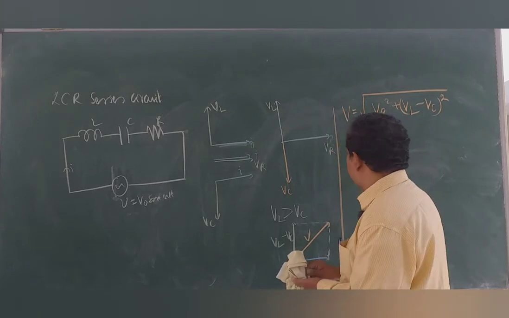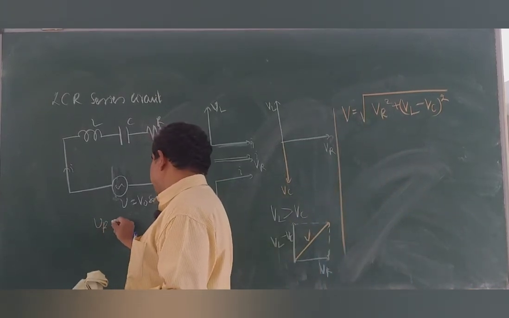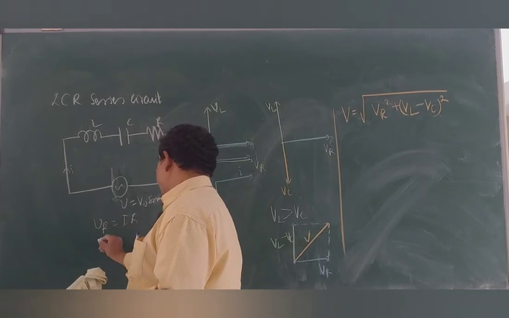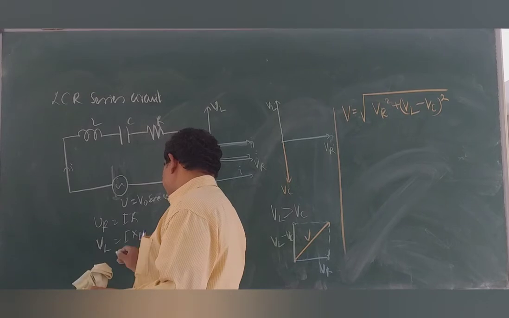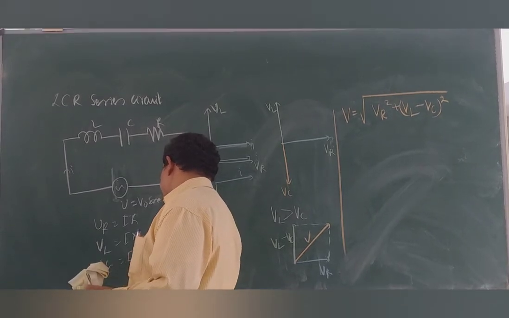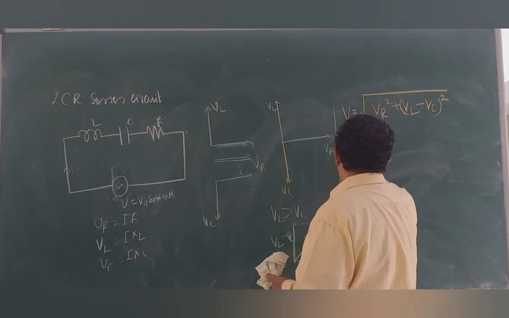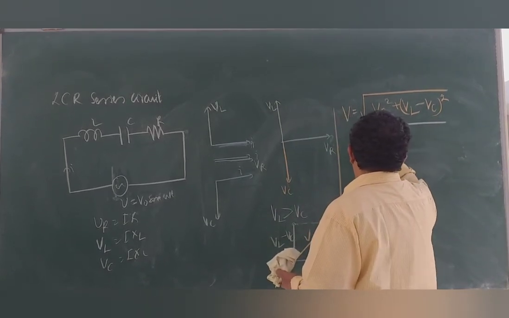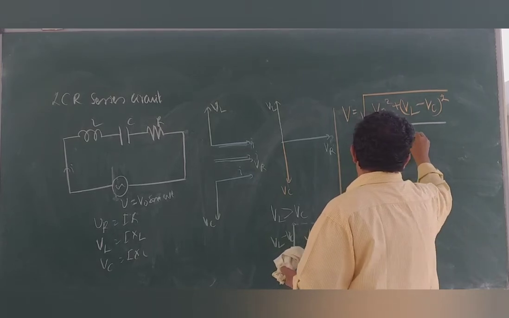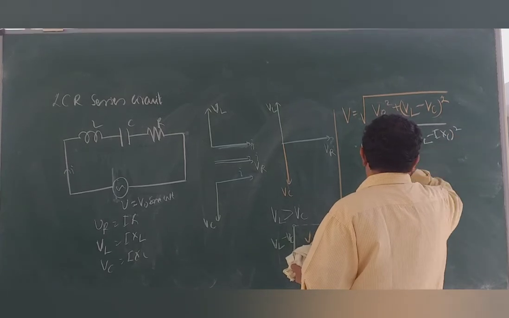Now we substitute for VR, VL, VC. How? We know VR is I into R, VL is I into XL, VC is I into XC. So if I substitute here, I get (IR) whole square plus (IXL minus IXC) whole square.